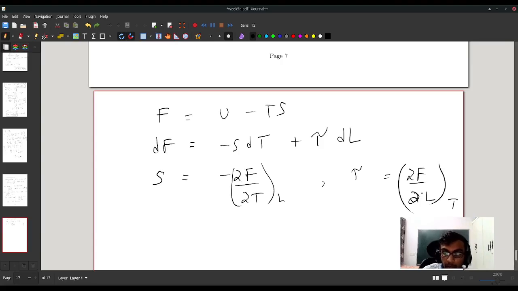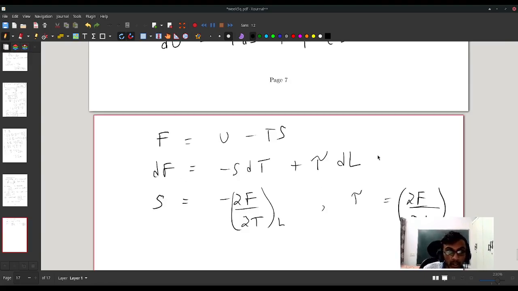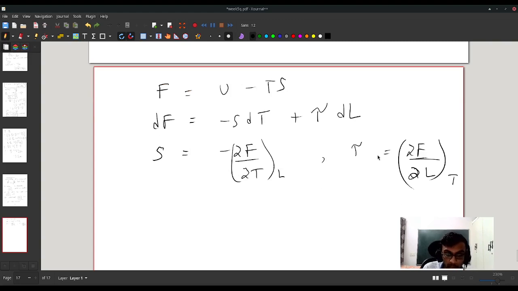And we can derive a Maxwell relation from this free energy using the fact that the second derivative is symmetric for a smooth function.